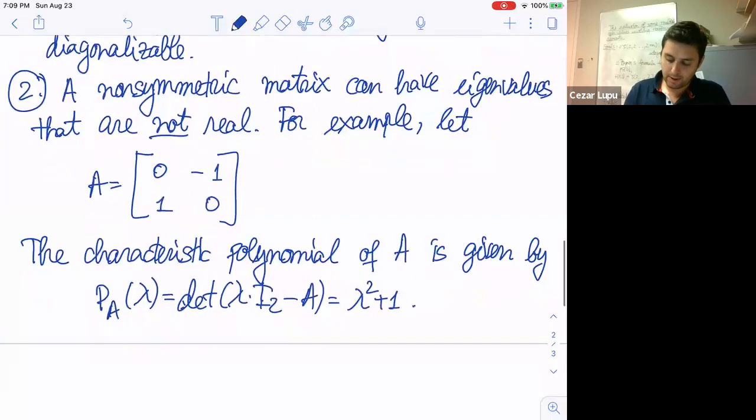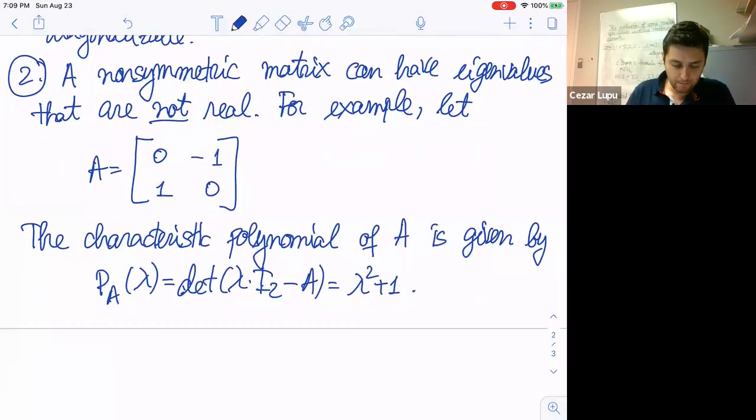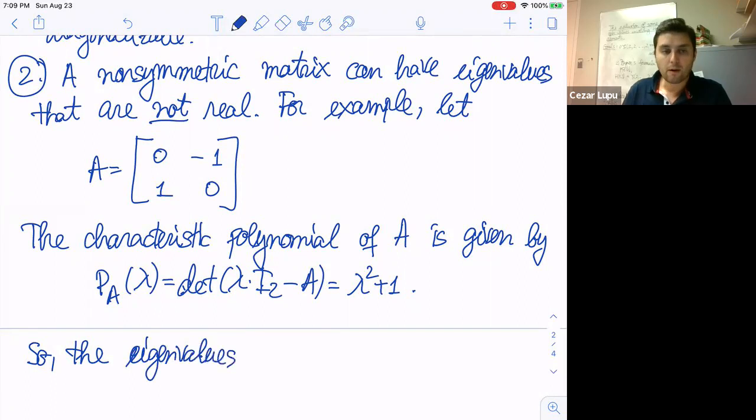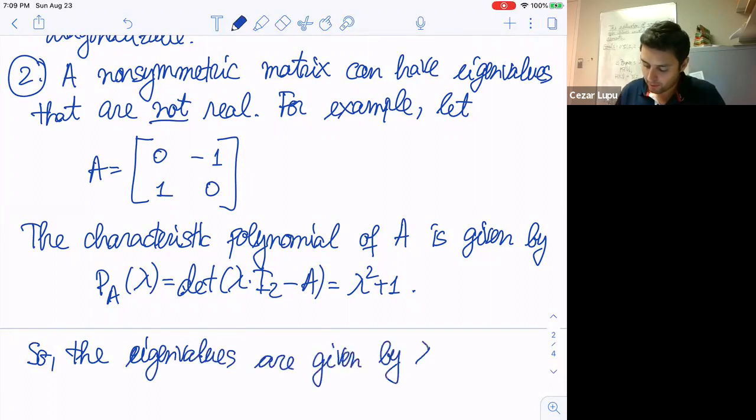The zeros of this, the eigenvalues, are lambda 1 equals -i and lambda 2 equals i.